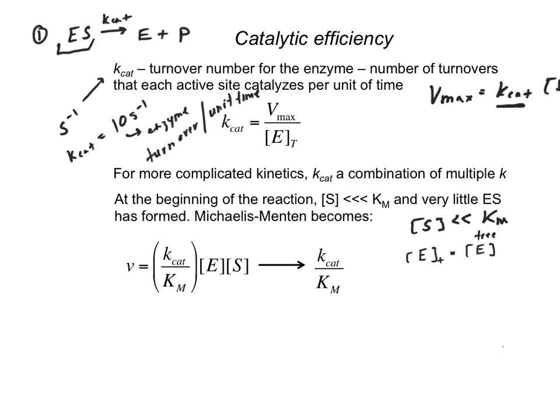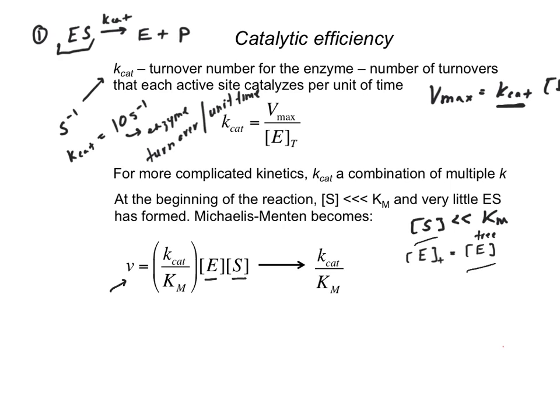Okay, so in that case, what the Michaelis-Menten equation breaks down into is given here. In this limit where we have very little substrate, and so all of the enzyme is free enzyme, Michaelis-Menten turns into this equation, where velocity essentially becomes a bimolecular reaction, right? It depends on the concentration of enzyme and the concentration of substrate.